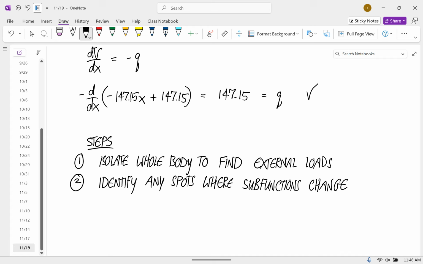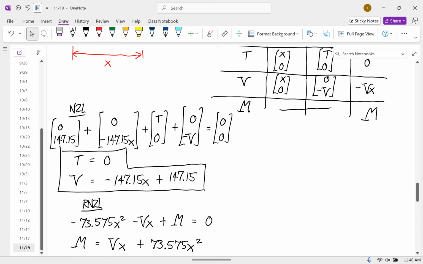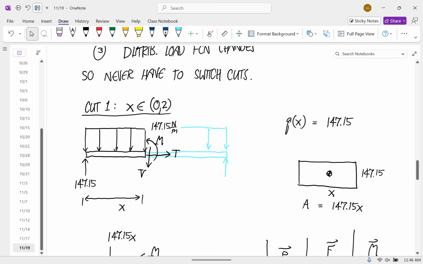Those are any places between the endpoints where you have point forces, point couples, or changes to the distributed load function. Would that just be stuff acting down on it? Point forces could act in any direction. The only reason gravity is not a point force is because it's really a distributed load. In the past we've always jumped from the distributed load right into an equivalent point force. But when you do the cuts, you have to be more careful with it.